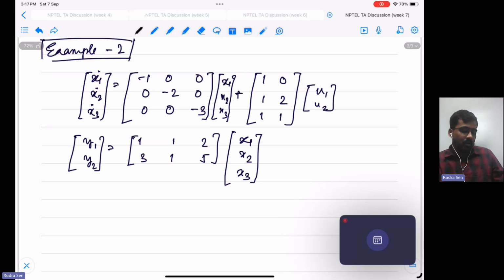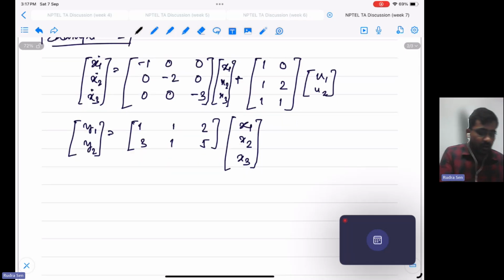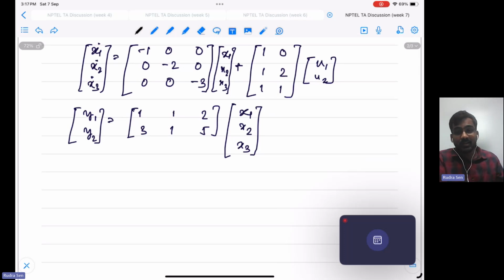So we have a multi-output, multi-input, that means a 2 output, 2 input system. So in that case, the observability matrix will never be a square matrix. It will always be a rectangular matrix. You can see that.